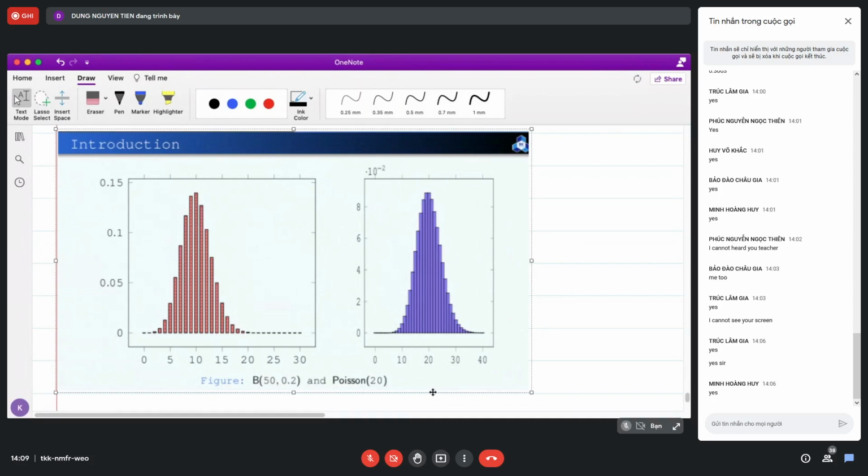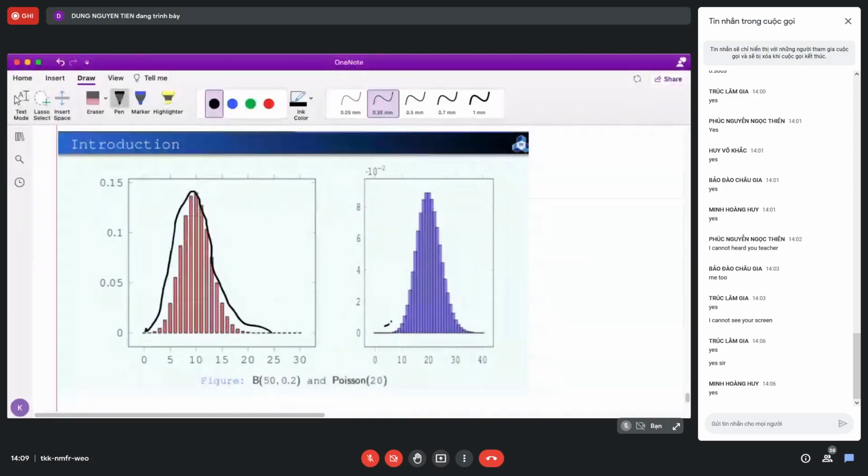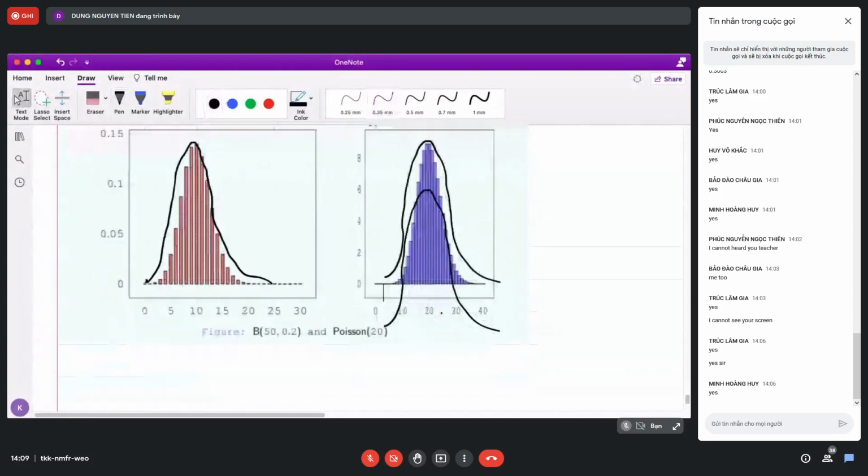The kinds of distributions are different, but they look very similar to each other, right? They both have a bell shape. So you think they might be close to a family of distributions, right?